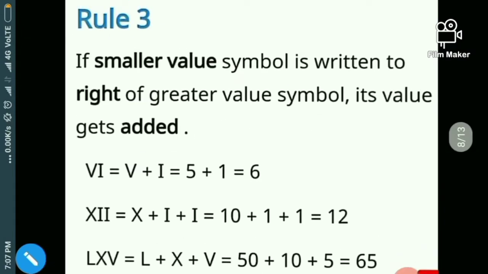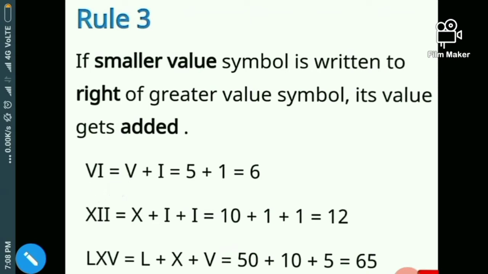Rule 3. If a smaller value symbol is written to the right of a greater value symbol, its value gets added. If any smaller value symbol is written to the right hand side of a greater value symbol, then its value will be added. Here you can see VI. I is a smaller value symbol, V is a greater value symbol.